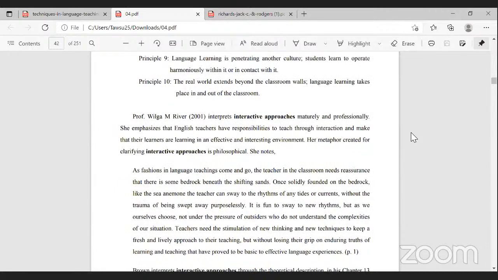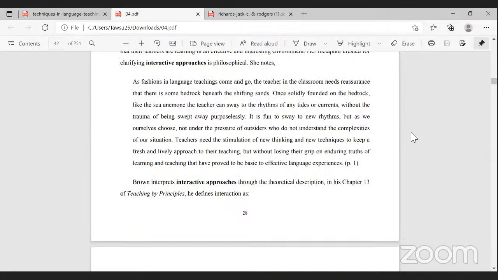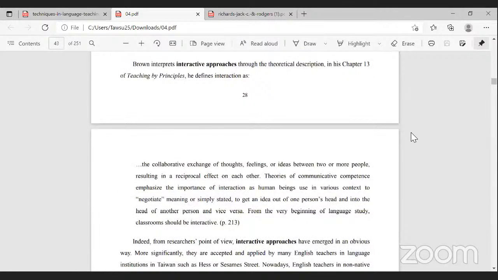She defines interaction as the collaborative exchange of thoughts, feelings, and ideas between two or more people, resulting in a reciprocal effect on each other.